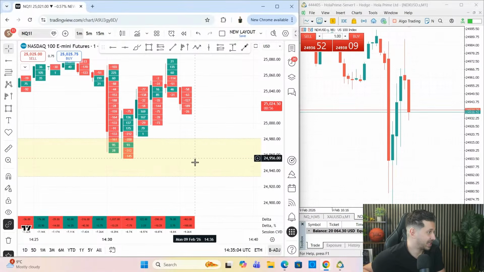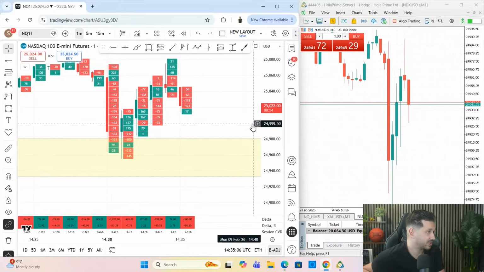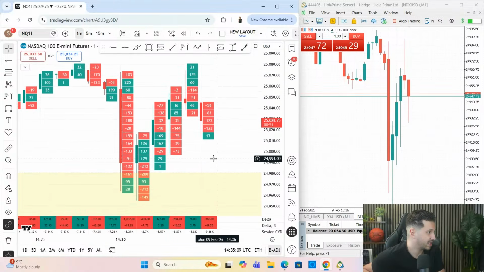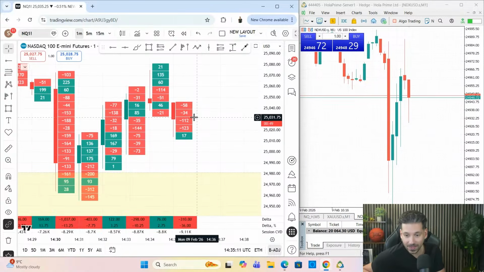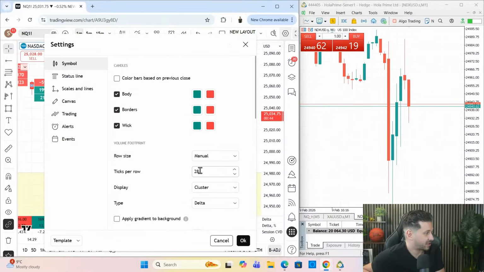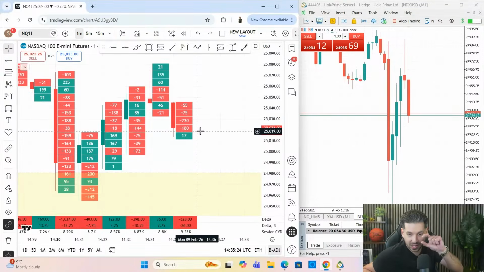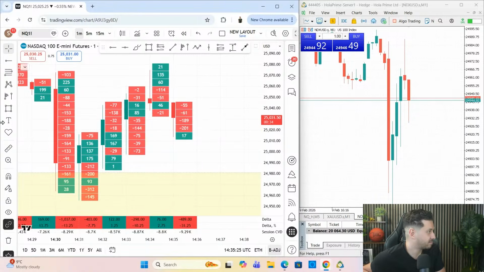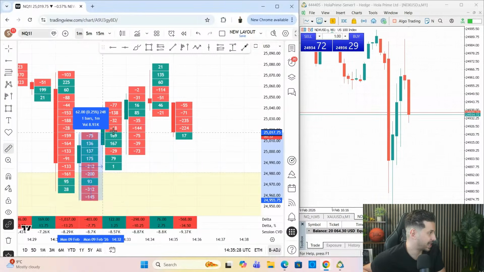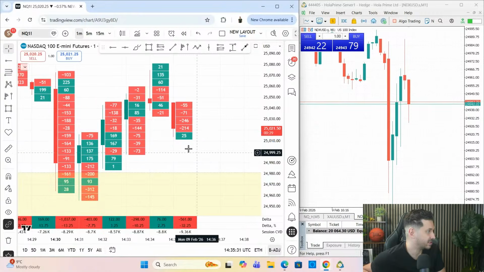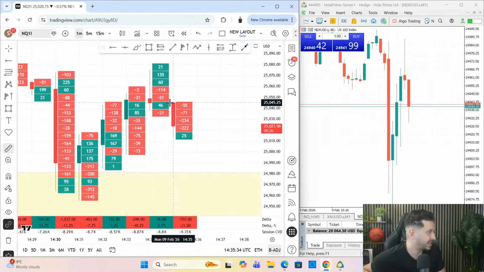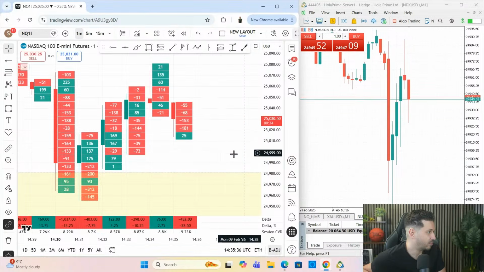I mean, who knows? We might actually retouch it and actually break through. Maybe we can get a bit of a retracement. I mean, the fact that also, Luca, good to see you. The fact that we're on 28 ticks per row at the moment on the footprint, which is quite a lot, and it's still looking really flat in terms of each cluster looking small. This market is moving a lot per candle. I mean, each candle, 60 points. This current candle's already 31 points. It's moving a lot.